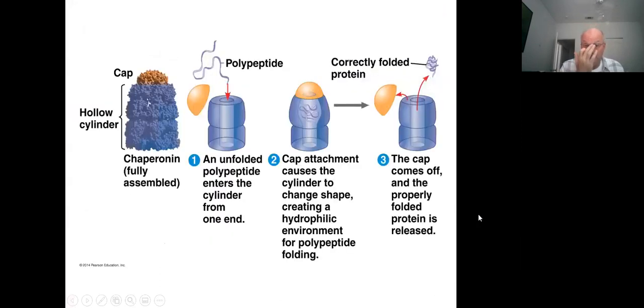And there are ways of making sure that key proteins fold correctly. This is not actually in your textbook. This was included in previous editions of the textbook, then they took it out. I've left it in my PowerPoint, but it's not essential that you know this. But there are these protein complexes called chaperonins that serve to make sure that proteins have an environment in which they can fold correctly instead of misfolding at times.